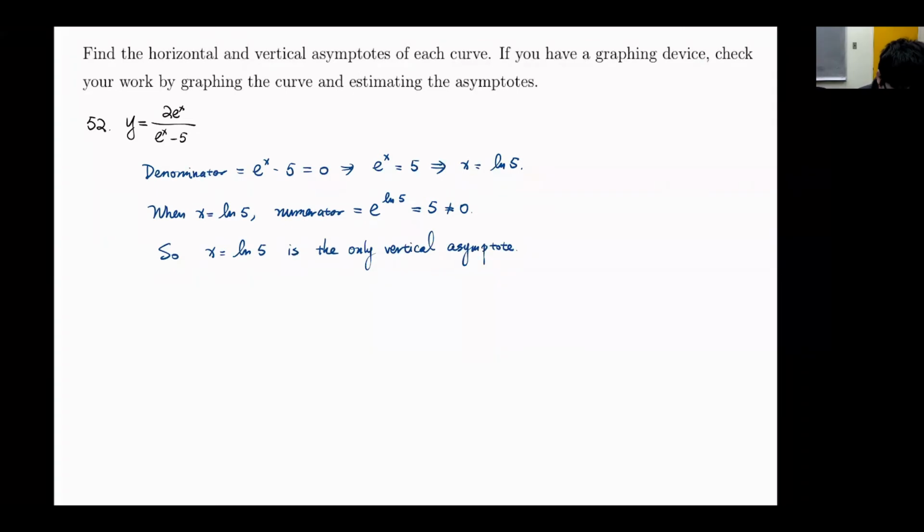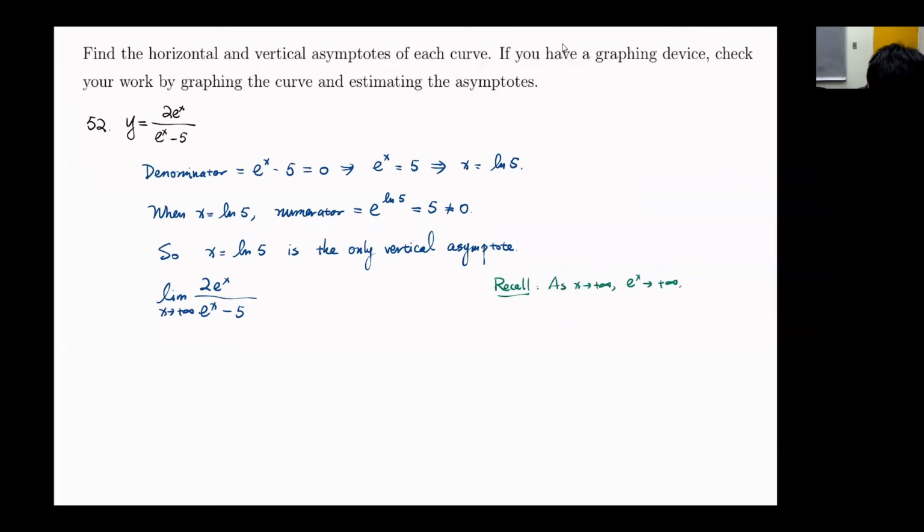Now to study the horizontal asymptotes, we need to investigate the limit of this fraction as x approaches infinity. So one thing you should keep in mind for this problem is, just recall, as x gets large, e to the x also gets large.